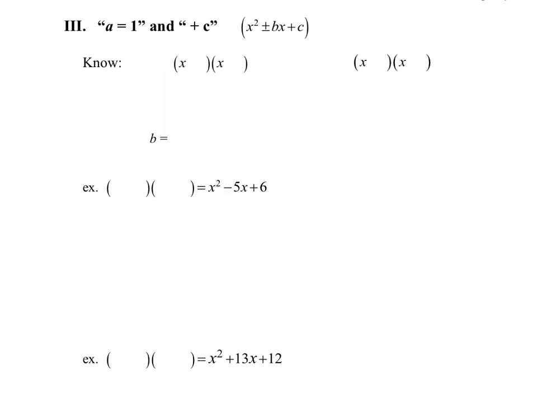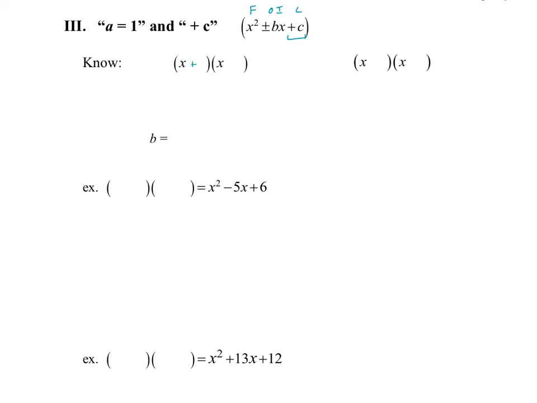These here are going to have a positive c over at the end. So we notice a positive constant, a positive number there. So there's 2 ways. Well, and again, if we go back to the beginning, that came from foiling, so F, O, I, and L. So this positive number comes from multiplying the last 2 together.